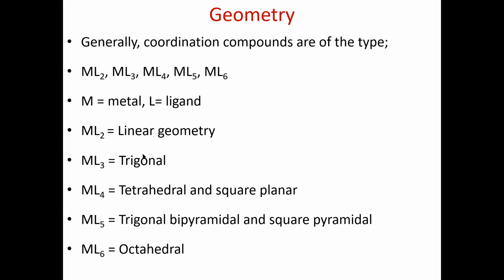For your ML3, that is trigonal. For your ML4, that is tetrahedral, or what we call square planar. For the ML5, that is trigonal bipyramidal and square pyramidal. And for your ML6, that is octahedral. So these are some of the coordination shapes, or what we call geometry, of your coordination compound.